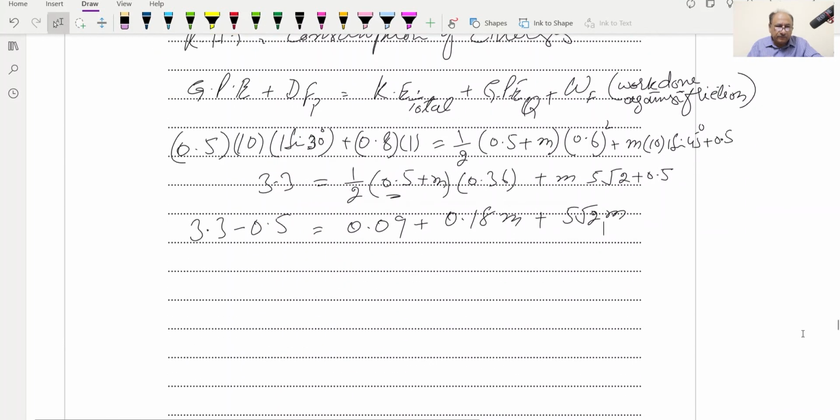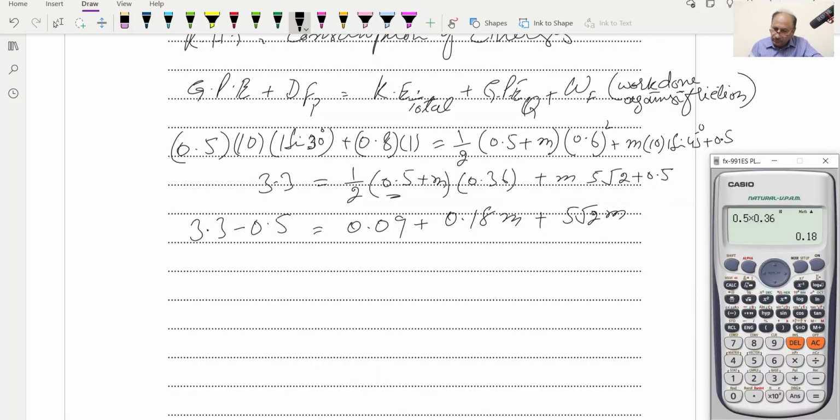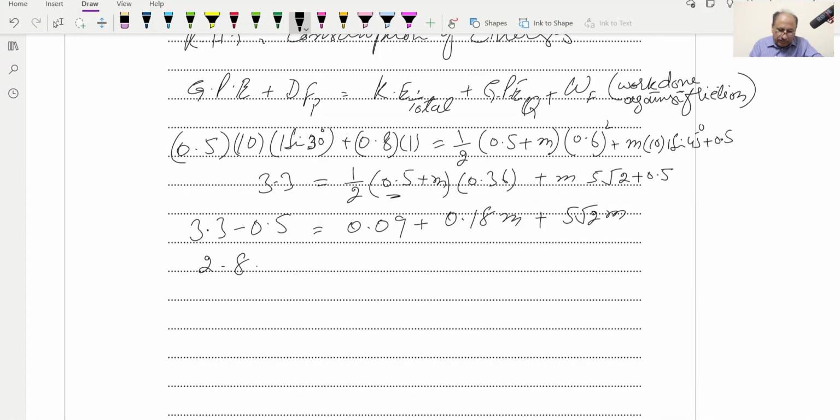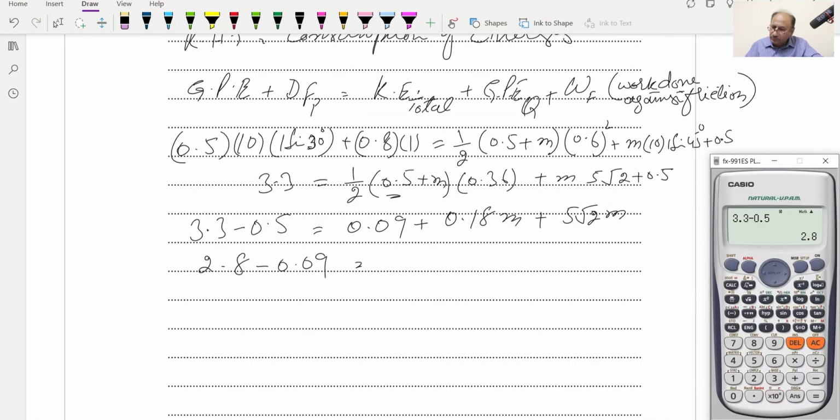Now we shift this 0.09 to the other side, so 3.3 minus 0.5 is equal to 2.8. So 2.8 minus 0.09 is equal to, combining like terms, 0.18 plus 5 square root of 2, times m.